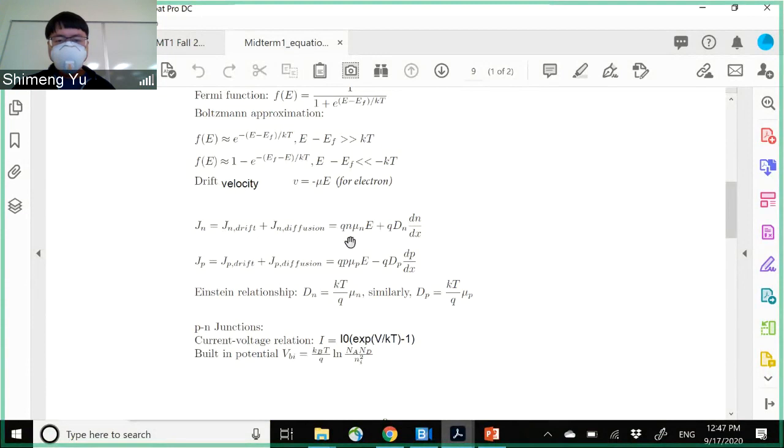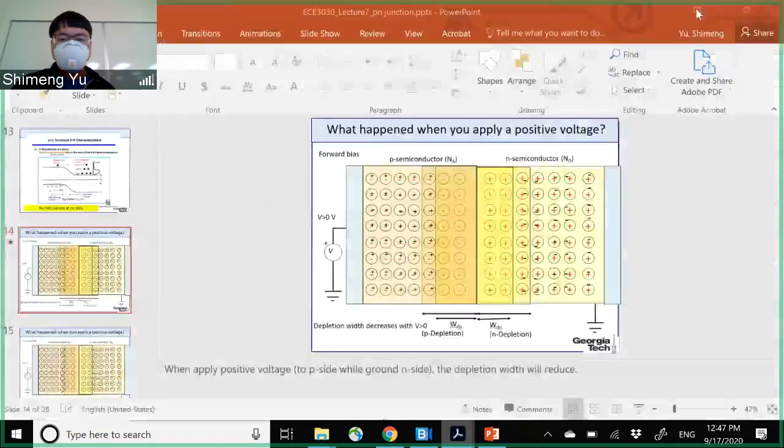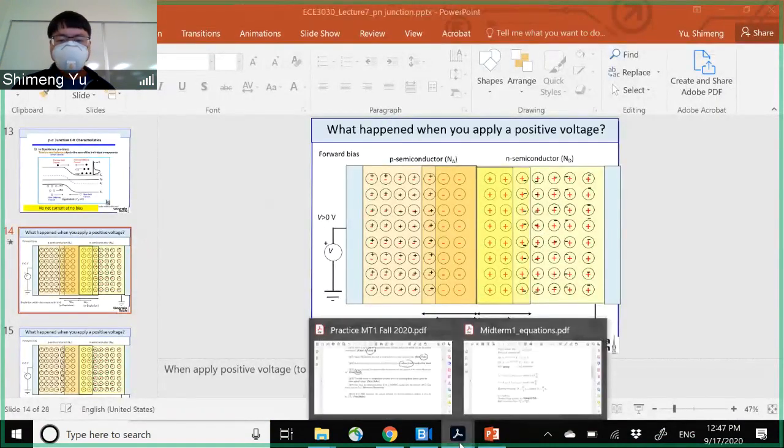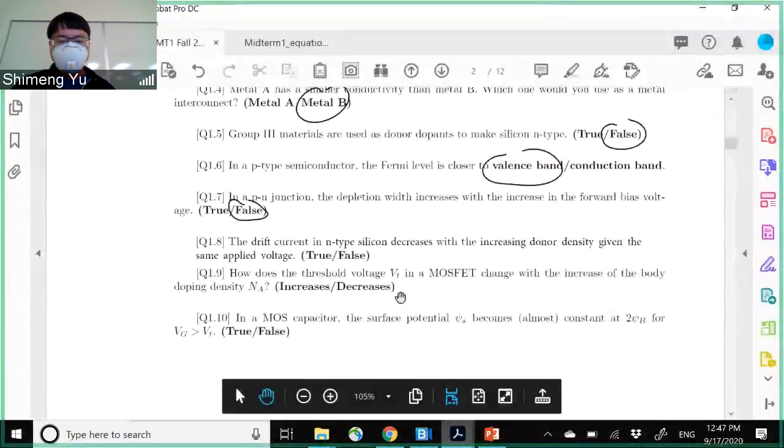So you have this q n mu n E. So if n increase, current increase, and this n is electron density. And in N-type, this electron density is given by the donor density. So then if donor density increase, electron density increase, and the drift current increase, right? So then this one is false because it says decrease.